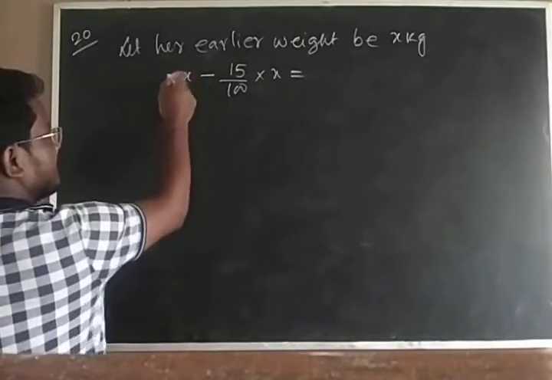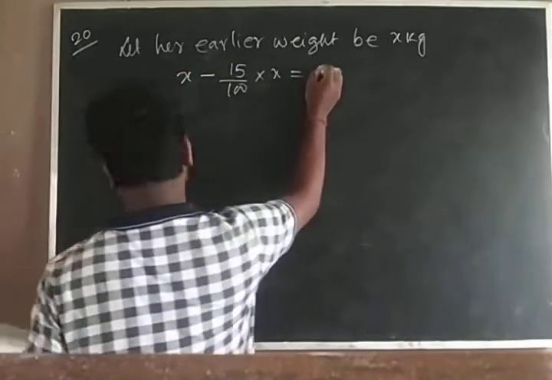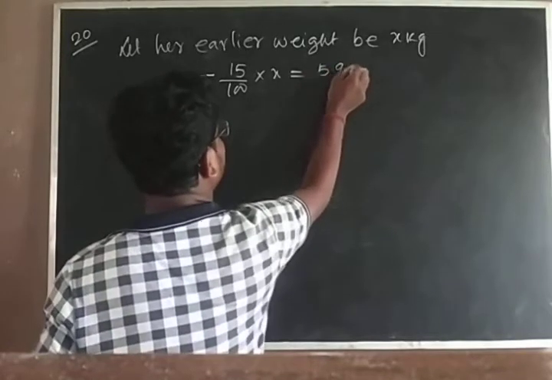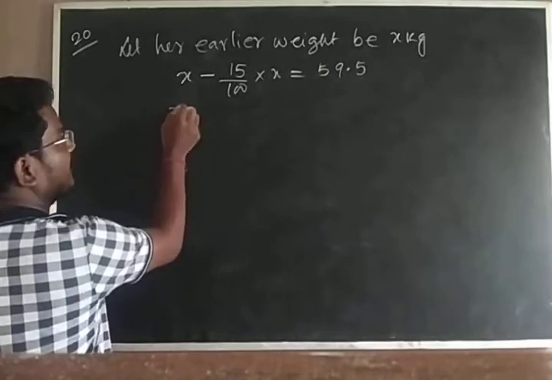This was the earlier weight, now reduce this. So after reducing how much? This minus this, and it is equal to the given 59.5. From this equation you have to find the value of x.